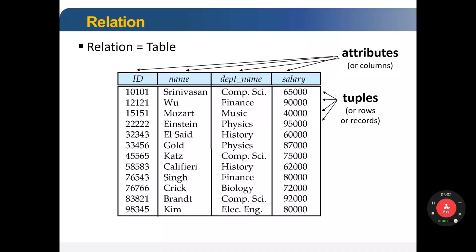Those are sometimes called columns, attributes, or fields. They can be used interchangeably, but the most common terminology is attribute. In each row we store an independent entity. In database systems, we sometimes call them rows, records, or tuples, also used interchangeably.